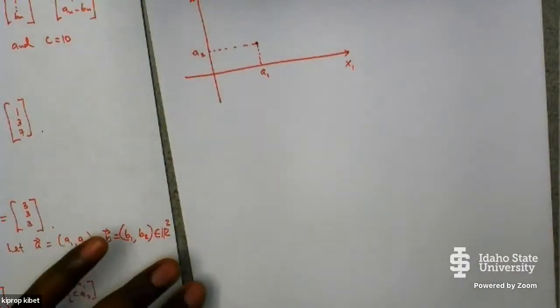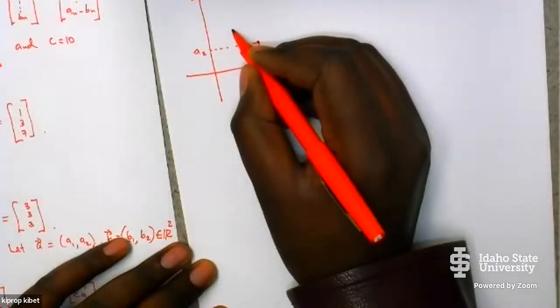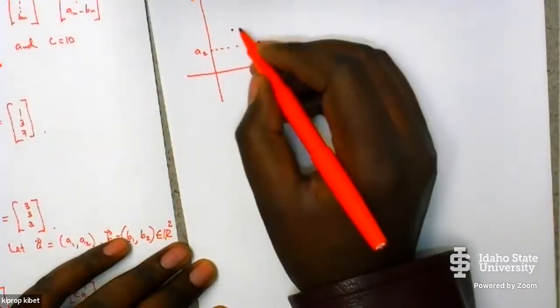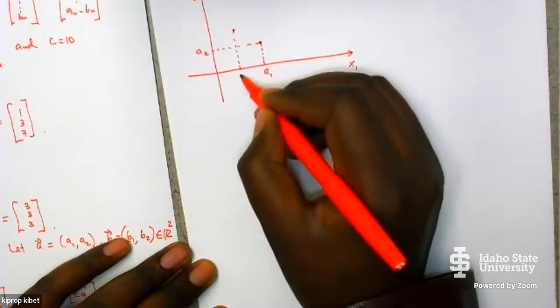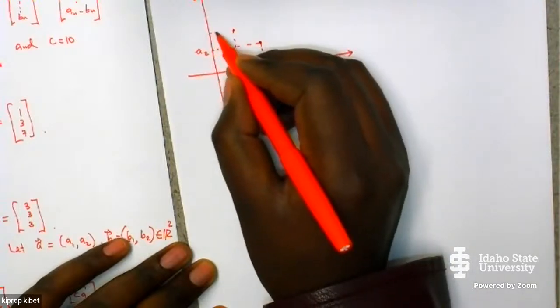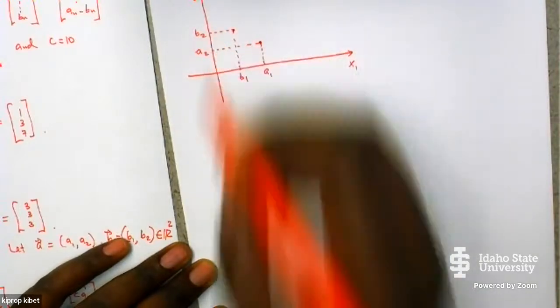Then we can also take this as B1 here, and this point is B2.